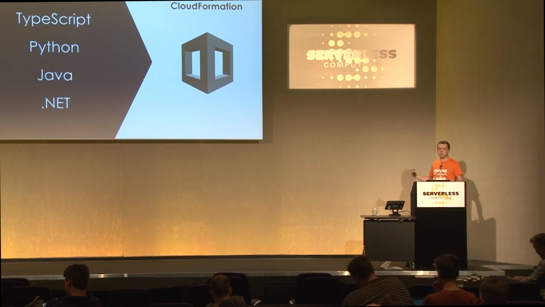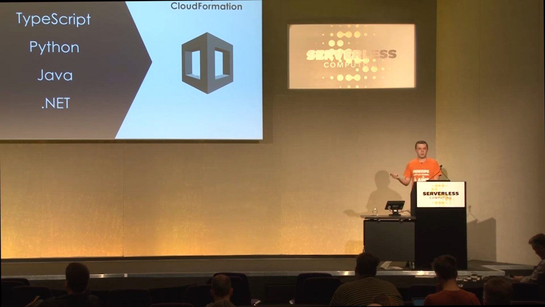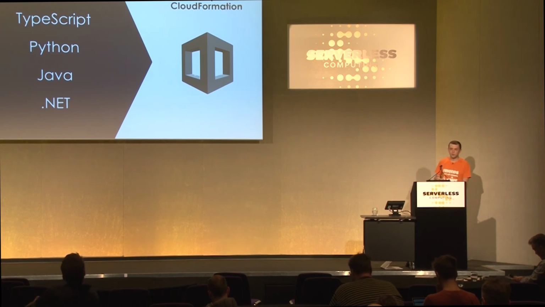But the implementation is a bit different. It compiles or transpiles down to CloudFormation templates. And then you get the rest of the tooling from AWS with CloudFormation. So the deployment has the same properties as CloudFormation, which is good and bad at the same time. You get all the features, you get all the problems as well.